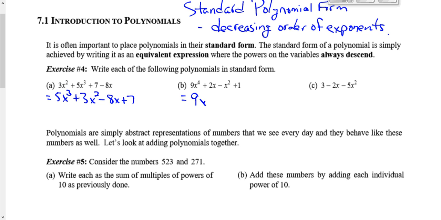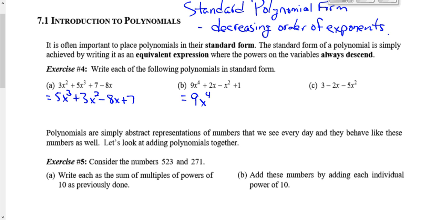Go ahead. What should be the next term? What's the next term with the next highest exponent? There's no negative x term. What is that term?